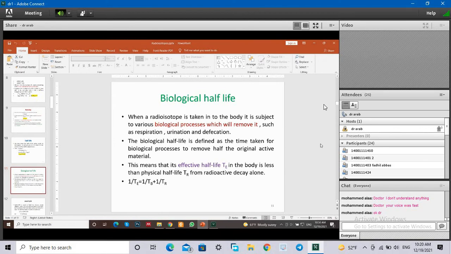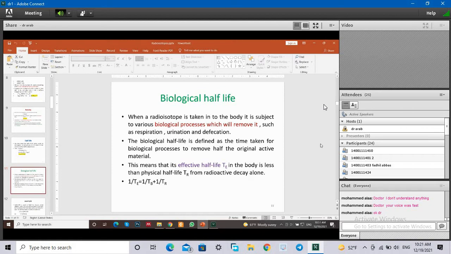To consider the effect of both biological and physical half-life time concepts simultaneously, the effective half-life time according to the below equation emerged. As you can see, effective half-life time is less than both physical half-life time and biological half-life time.